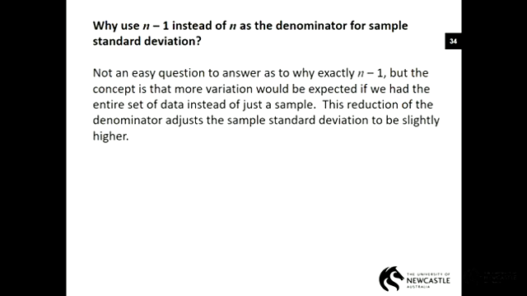So why use n minus 1 instead of n? If I decrease the denominator by a tiny bit, I actually increase the size of the number. Like if I've got 100 on 4 versus 100 on 5. Think of 100 on 5 equals 20. If I decrease that denominator, 100 on 4, I actually increase the size of the number.